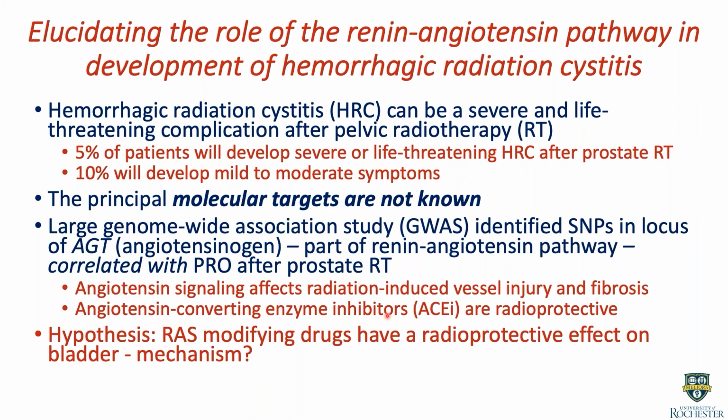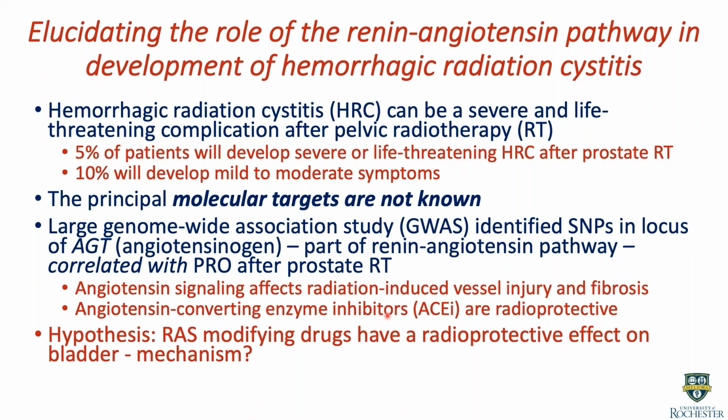And in Sarah's patient cohort, she demonstrated that those patients that were taking ACE inhibitors showed a strong protective effect against radiation cystitis. So radiation cystitis was only seen in 4.8% of those patients taking an ACE inhibitor during RT for another cause, compared with 16.5% of patients not taking an ACE inhibitor.